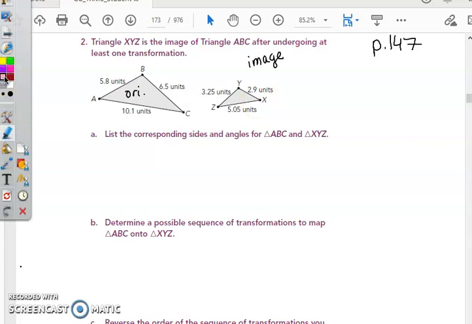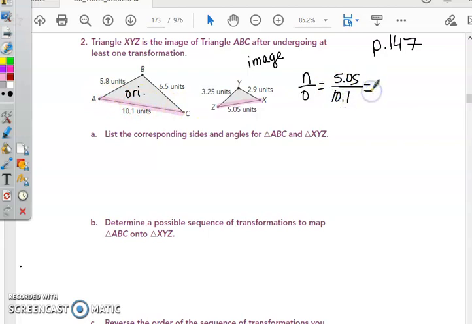So what I'm going to do is highlight. See how big this highlighter is? A little smaller. So this one and this one, these are the long sides. Remember when we do scale factor, we do new over original. So I'm pretty sure these two go together. 5.05, that's the new, because it's the image, and it corresponds with 10.1, that's the original.